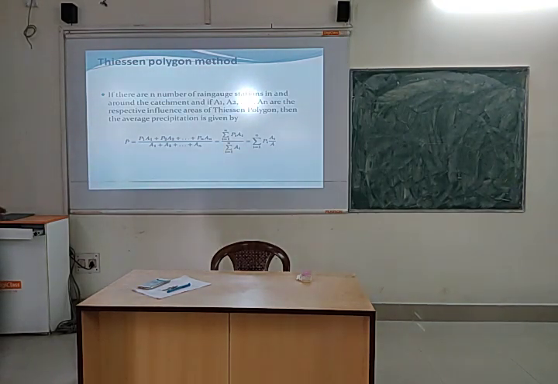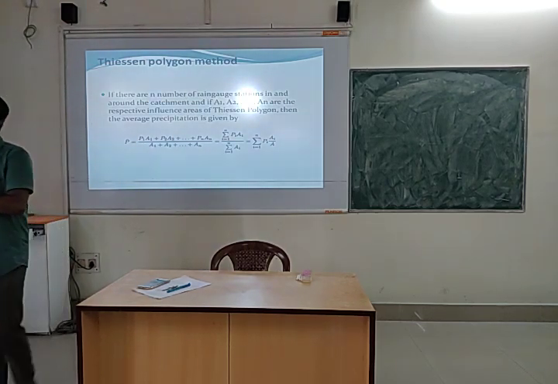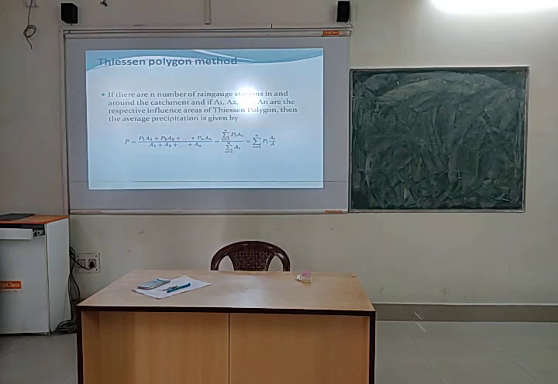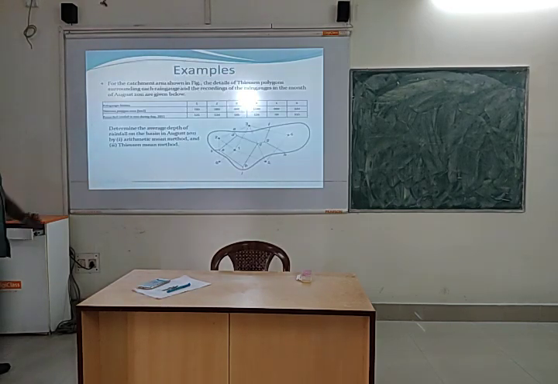You can write down the equation and I will show you the data. Summation of Pi Ai by A where i will vary from 1 to n. This is your question.